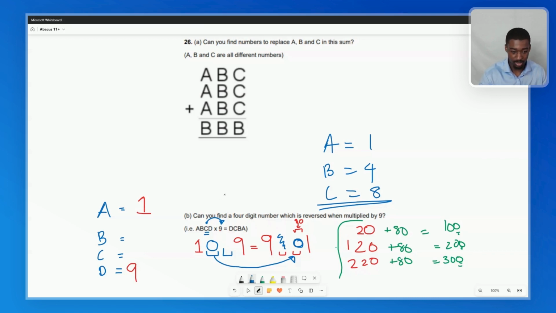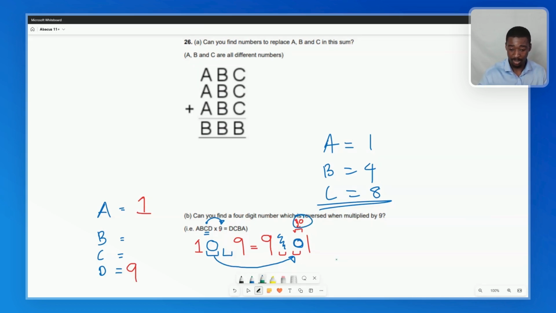Because if C is 2, for example, 20 times 9 is 180. 30 times 9 is 270. But we want the 20 at the end, right? Because only the 20 we can add to 80 to give us a 0 here.